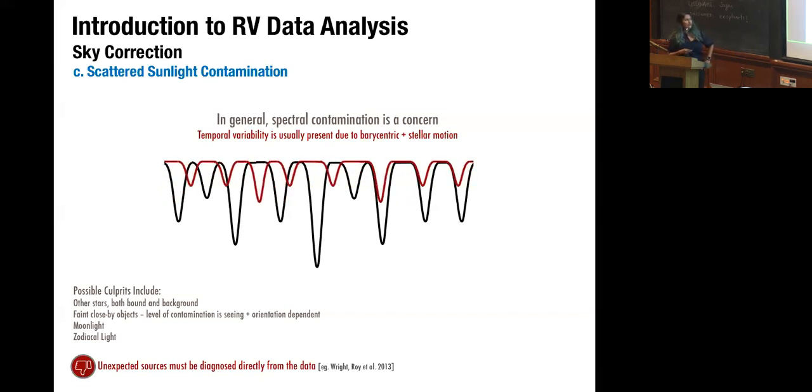You can get this from other stars: binaries, background objects, close by objects, moonlight, zodiacal light, all of this stuff. Things like binaries you don't always have, but what you always have is some level of moonlight contamination. Moonlight really is scattered sunlight. Even when the moon isn't bright, there is some level of scattering that happens in the atmosphere, even though you're not looking at the sun right then.